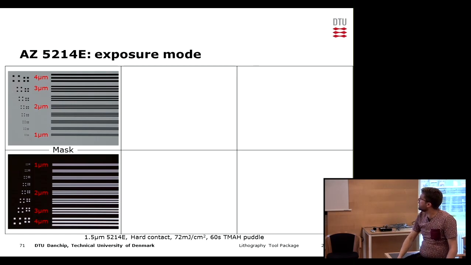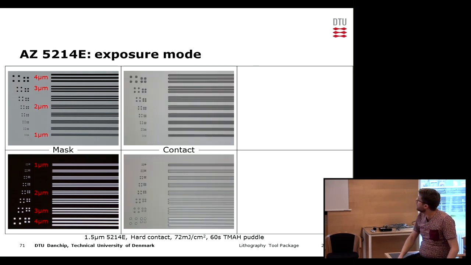So if we start by looking now at the exposure mode, so this is contact versus proximity. If I have contact exposure, so this is hard contact, you can see that we get almost perfect resolution here.